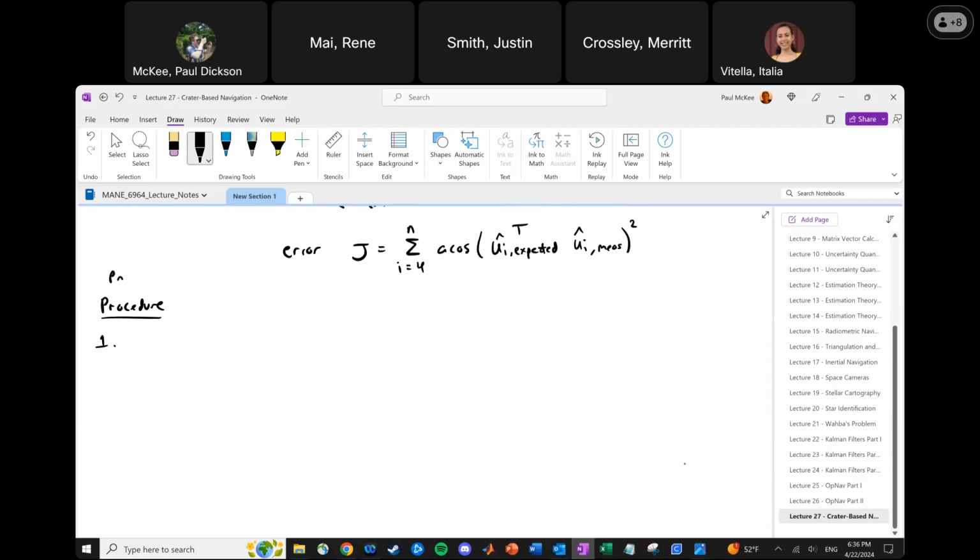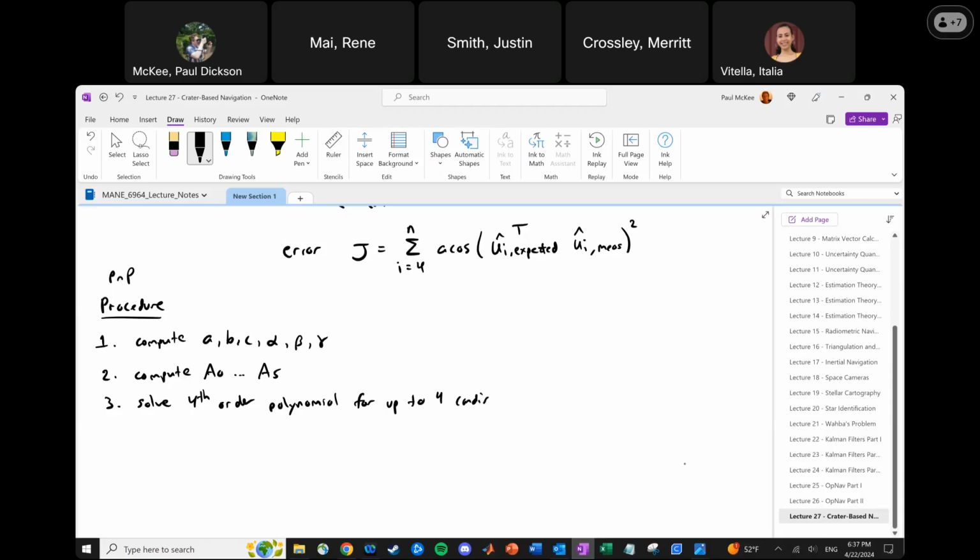So the whole PnP procedure is: compute A, B, C, alpha, beta, gamma. Then compute A0 to A5. Then solve the fourth order polynomial for up to 4 candidate V's.